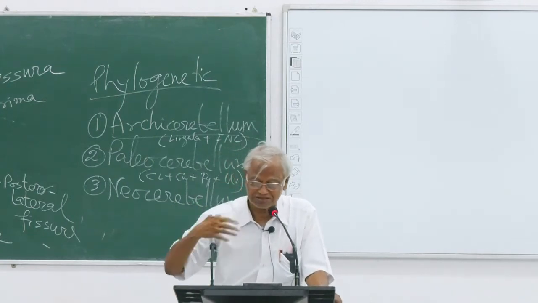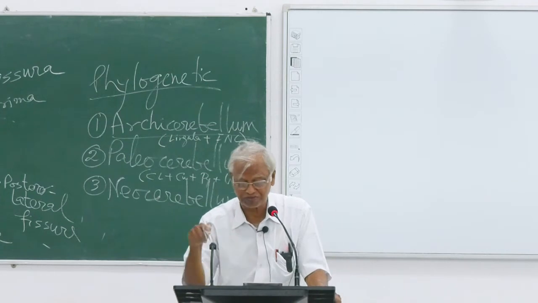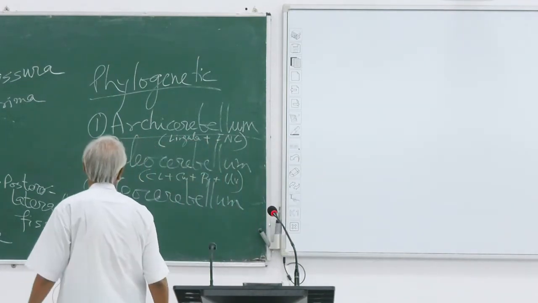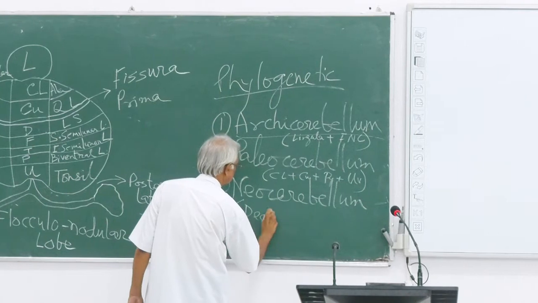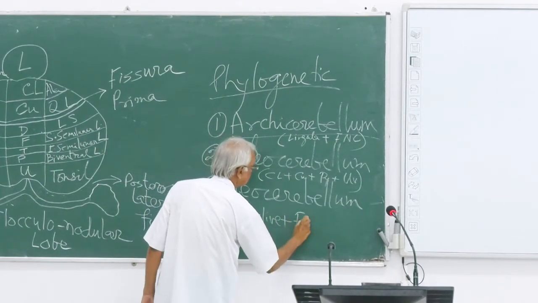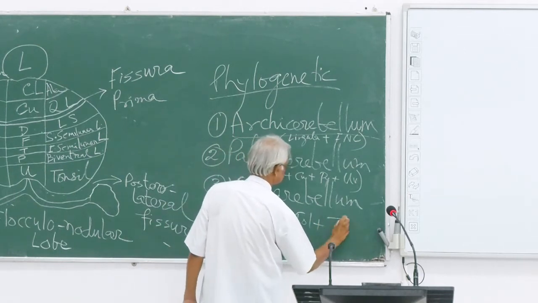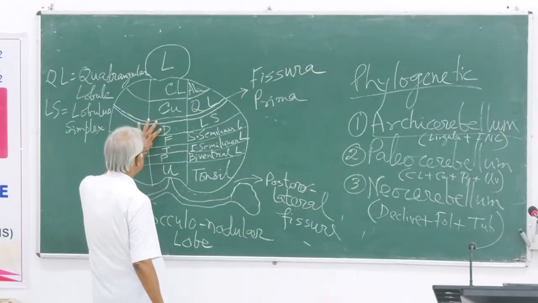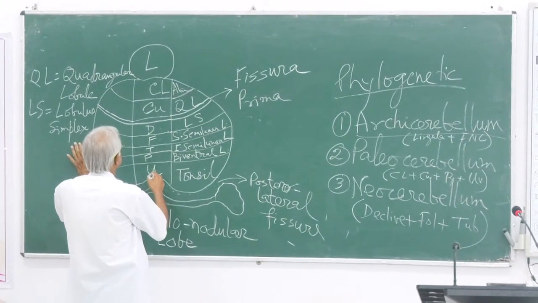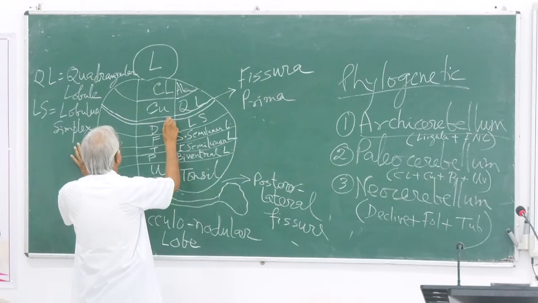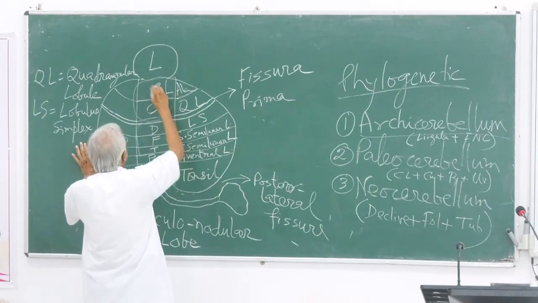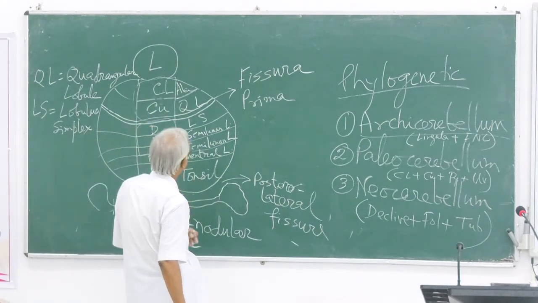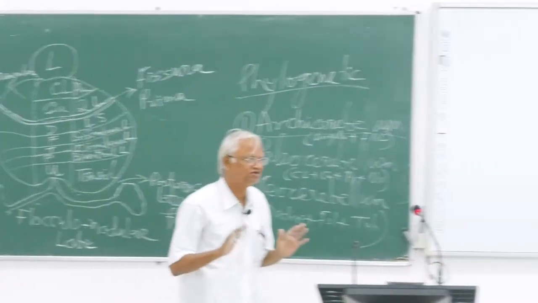Rest means uvula over, central lobule over, culmen over. Declive, folium, tuber. Declive plus folium plus tuber. These are the neocerebellum.